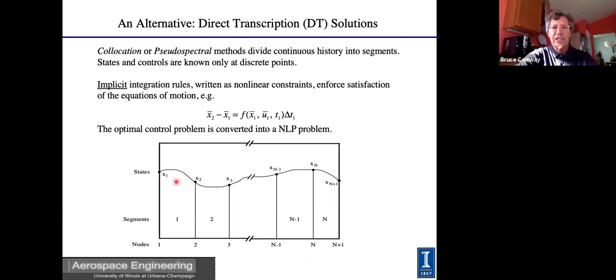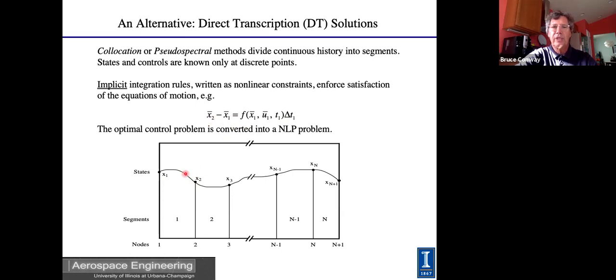Then the states at these discrete points become parameters in a nonlinear programming problem solver, but they're not arbitrary because they have to satisfy the system differential equations. So how do we arrange that? Well, there are lots of ways to do it, but consider this. What if we use just a simple Euler step?